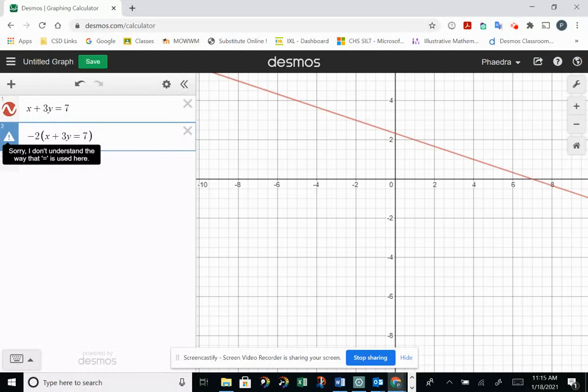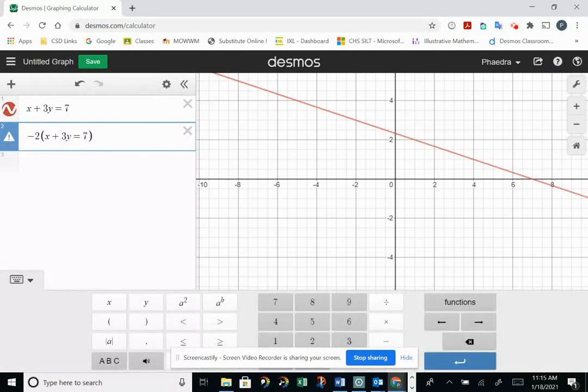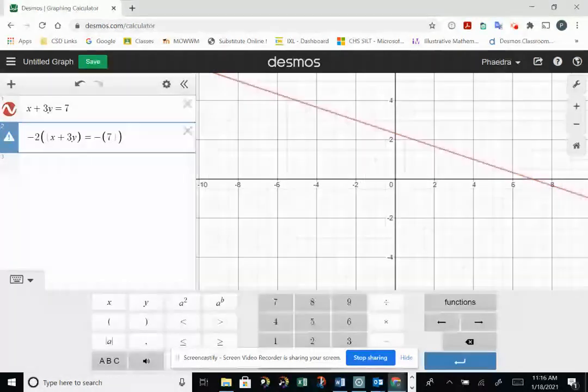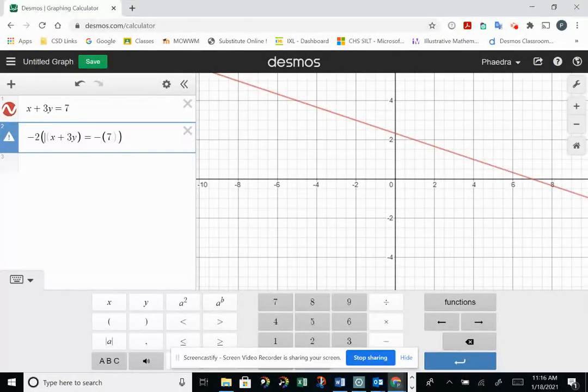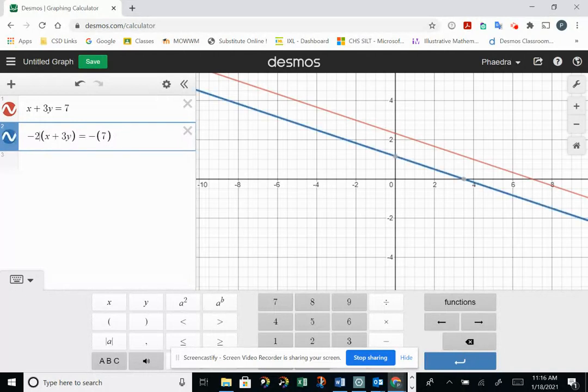Might have to close parentheses here, and then just go -2 there, because I don't think Desmos recognizes it. I've got too many little, there we go.